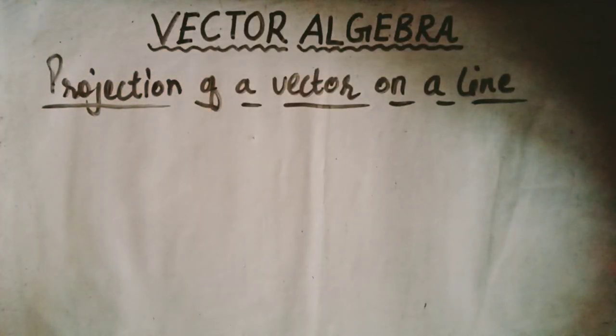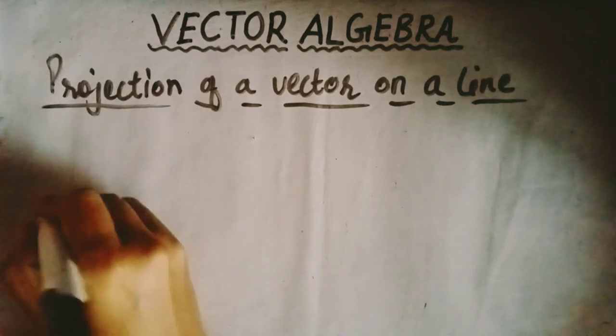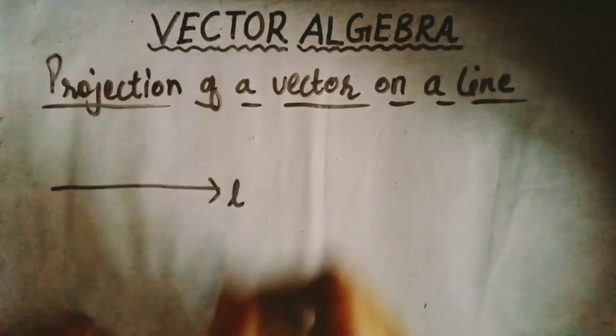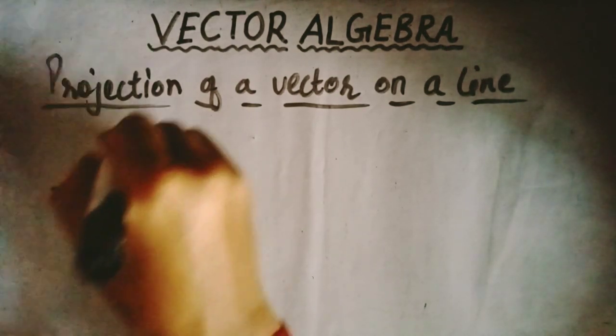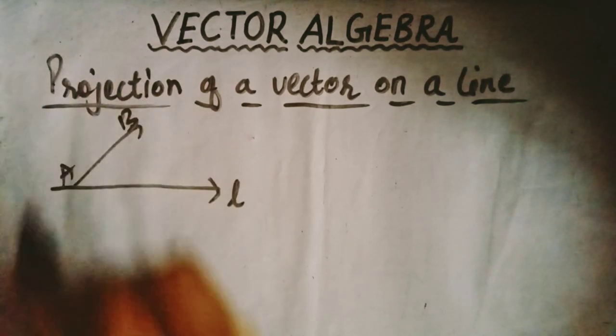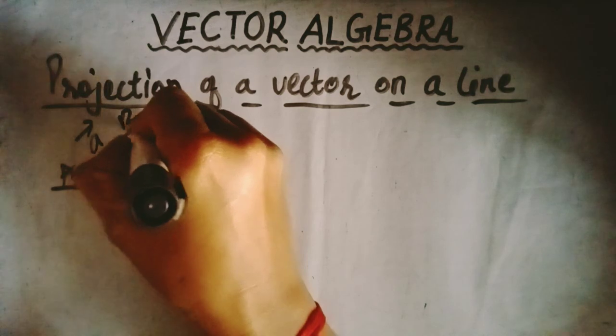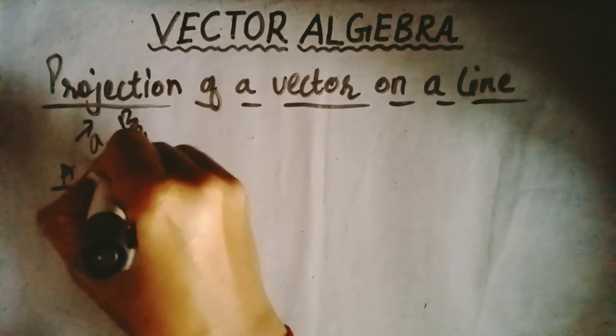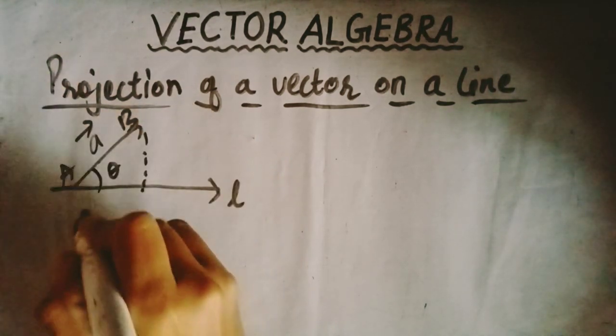So suppose there is a vector AB. We are projecting it on a line L. So this is the vector AB, this is a projection, and this is theta.